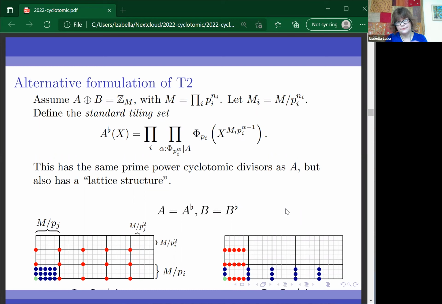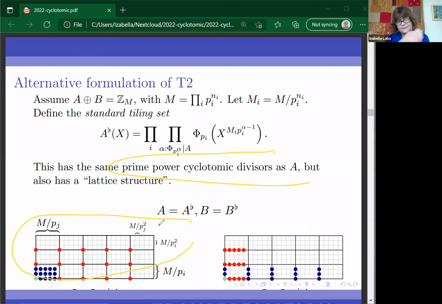And based on that tiling, we can define something called the standard tiling set. There's an explicit formula for it, which I wrote here. It's based only on the prime power cyclotomic factors of A. The point is that this is a set that has the same prime power cyclotomic divisors, but also it has the lattice structure from the previous picture.